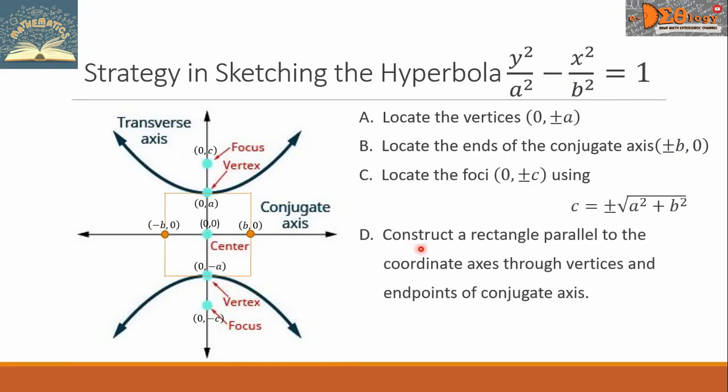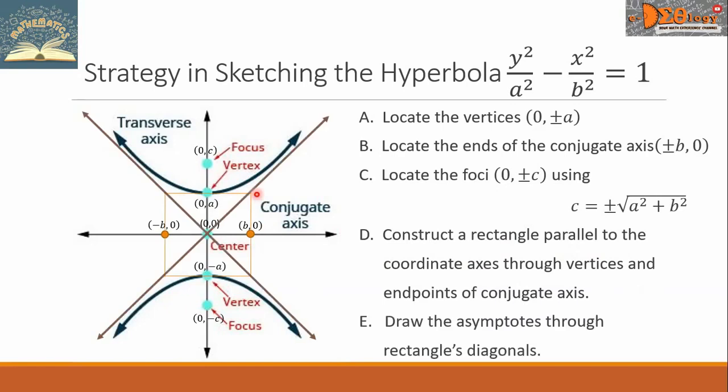Letter D. Construct a rectangle parallel to the coordinate axis through vertices and endpoints of conjugate axis. In our figure here, this is our rectangle. For E, let us draw the asymptotes through rectangle's diagonals.